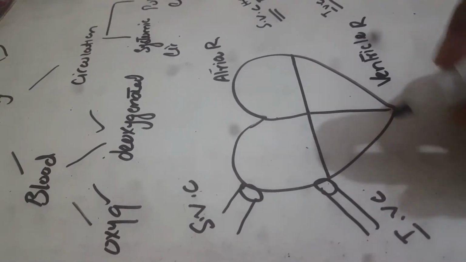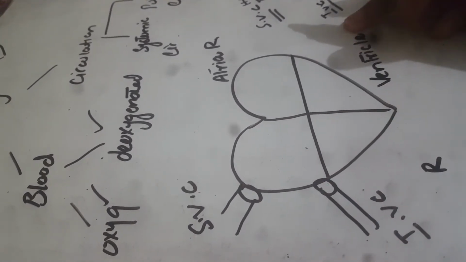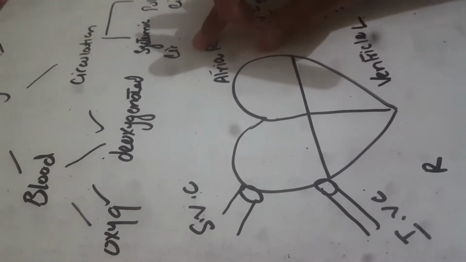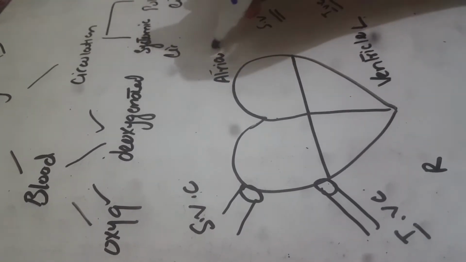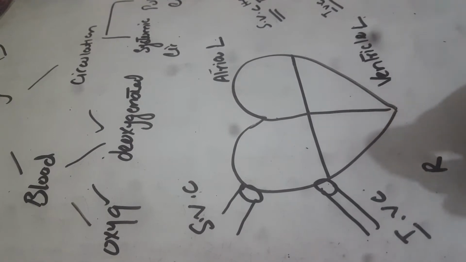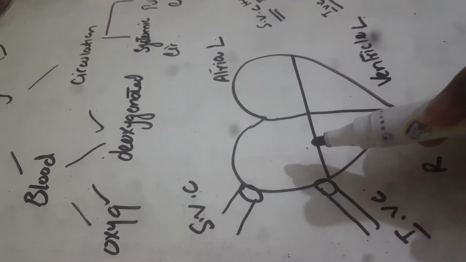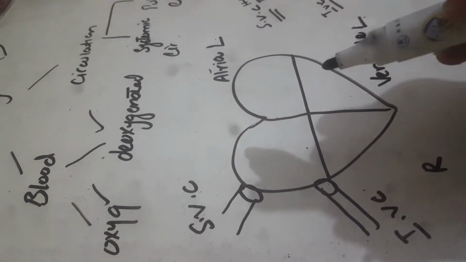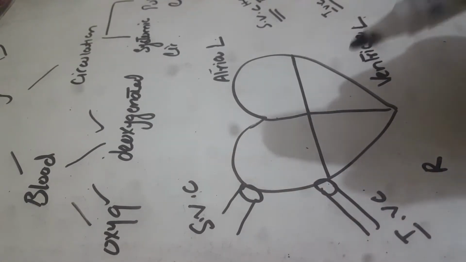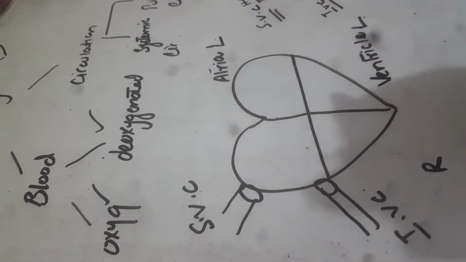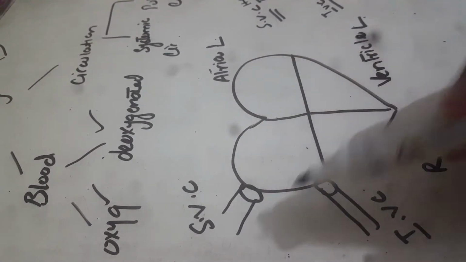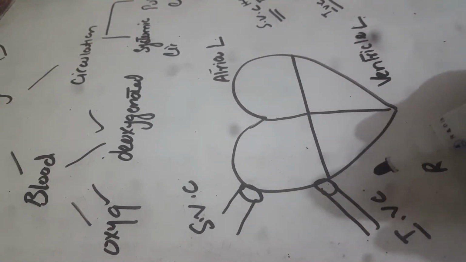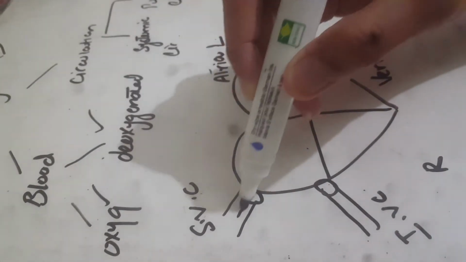Take this as the right and this as the left, because the vena cava is bringing the deoxygenated blood from the different parts of the body, from circulation, to the heart so that it can go into the lung and become oxygenated, and then go back to the circulatory system. First, it enters into the right atrium.